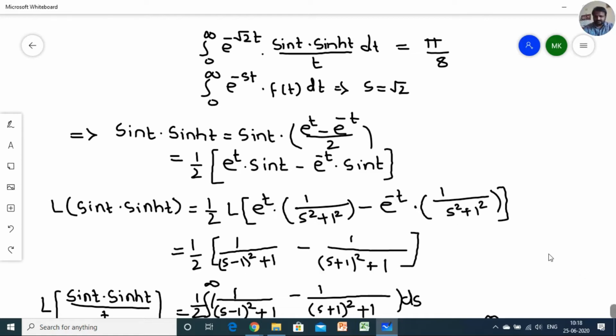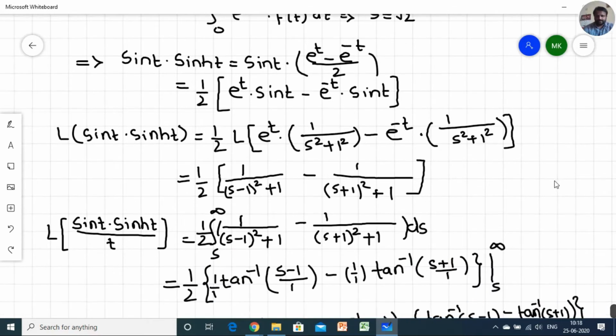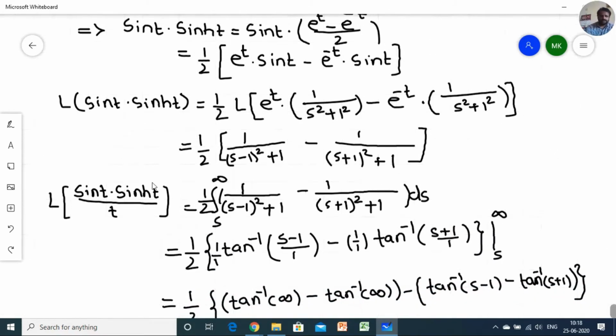Now the next one is the division rule. The division rule clearly states that whenever the function is divided by t, you have to use integral s to infinity of the Laplace of that function. The Laplace of sine t into sine hyperbolic t is already calculated.